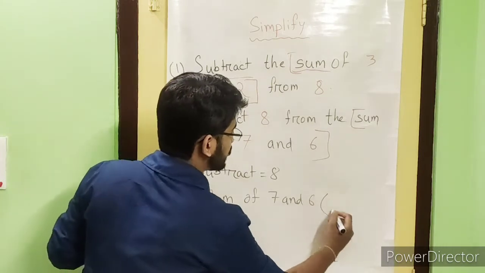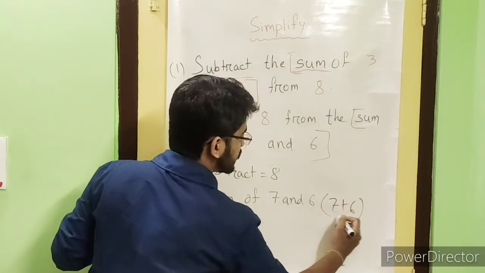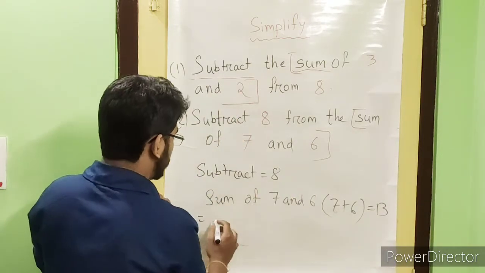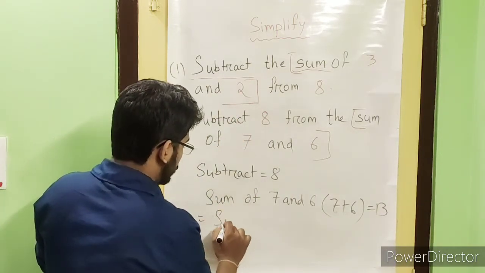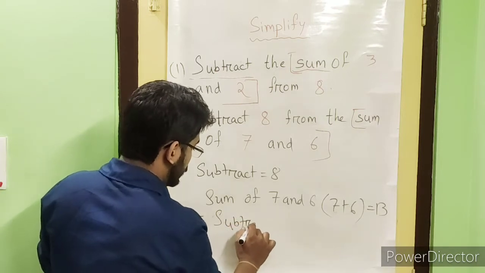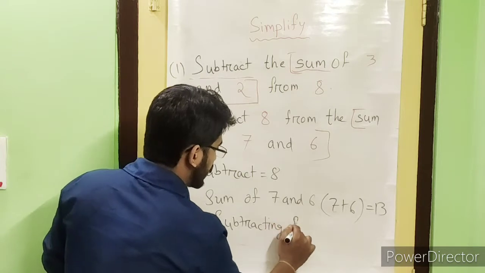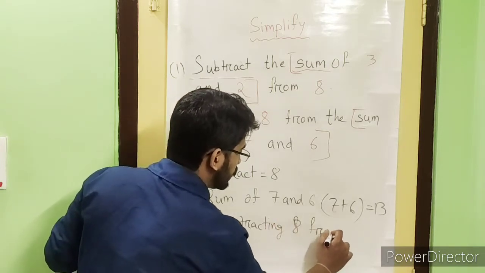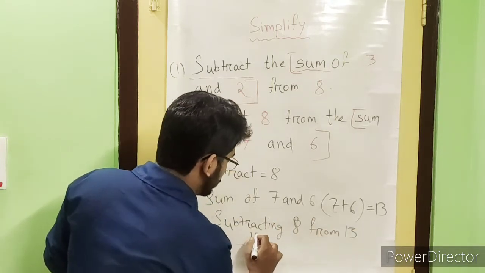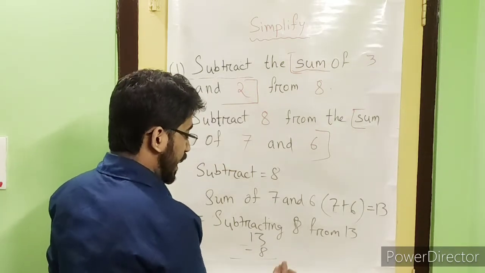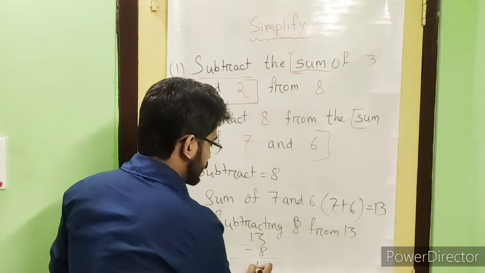So sum of 7 and 6 means 7 plus 6 equals 13. We need to subtract 8 from 13. Subtracting 8 from 13. That means 13 minus 8. Right? 9, 10, 11, 12, 13. Answer is 5.